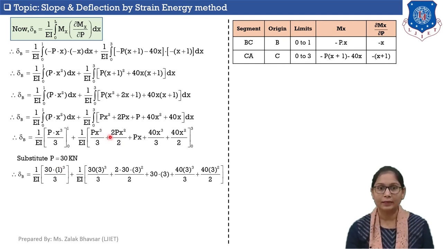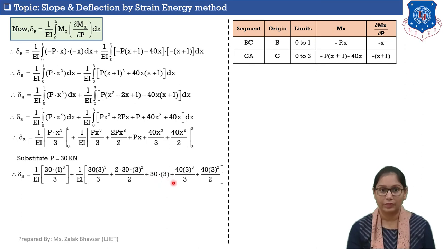Now for the second equation, upper limit is 3. So I am substituting x is equal to 3 and P is equal to 30 in the second equation. Therefore, it is 1 upon EI 30 into 3 cube by 3 plus 2 into 30 into 3 square by 2 plus 30 into 3 plus 40 into 3 cube by 3 plus 40 into 3 square by 2.